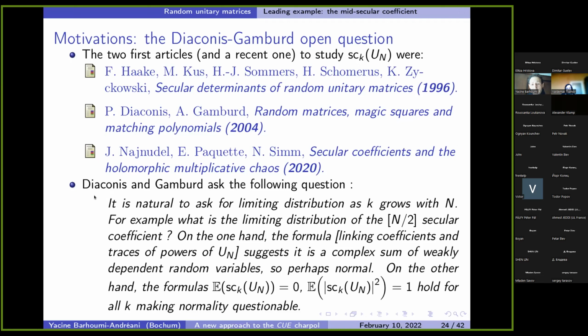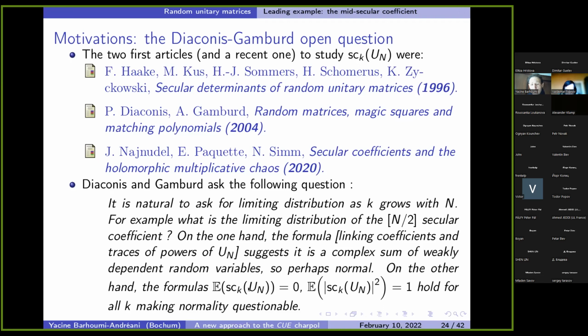Diaconis and Gamburd asked a question about the mid-secular coefficient, namely SC_k, when you take k that grows with n, for instance the integer part of n over 2. They were asking what happens. On the one hand, the formula linking coefficients and traces of powers suggests it's a complex sum of weakly dependent random variables, so perhaps normal.